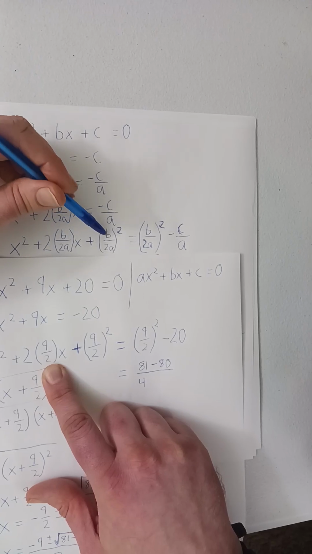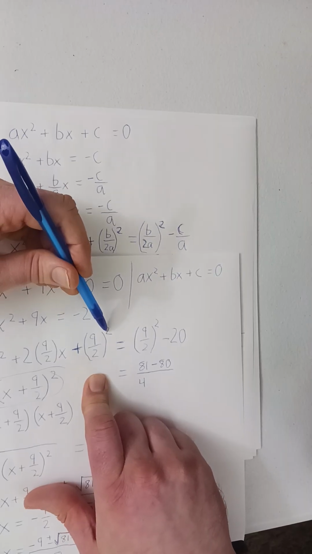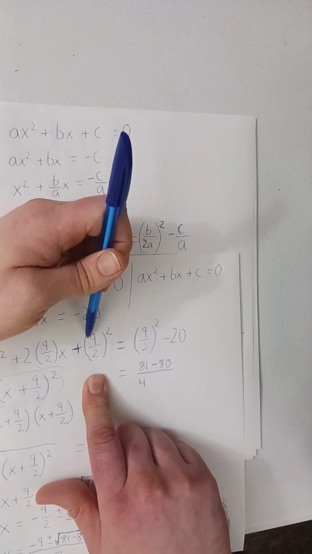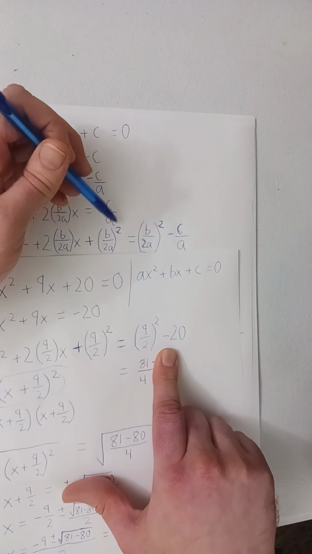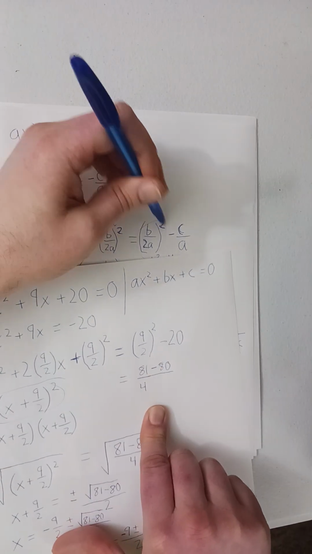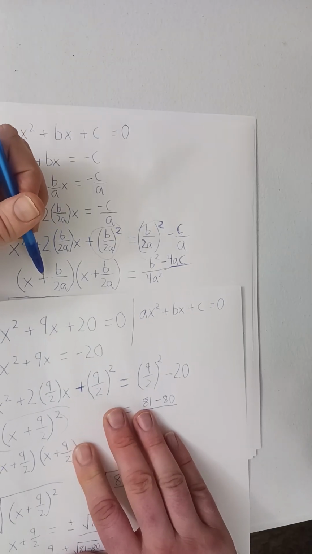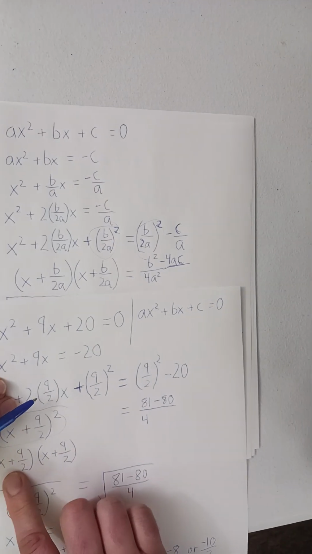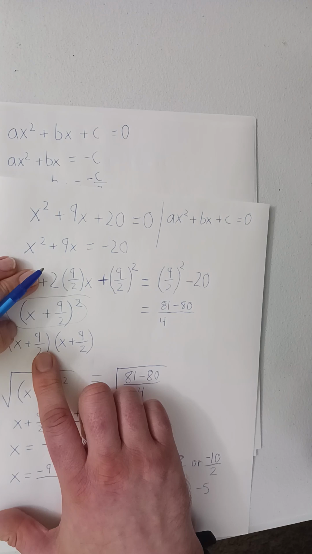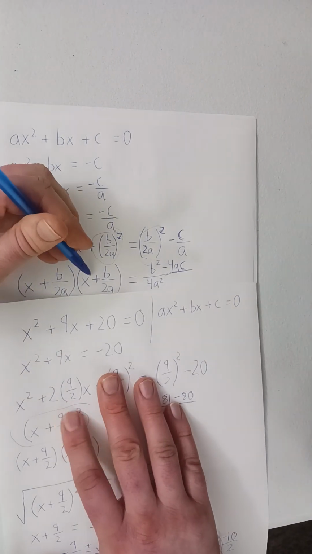We had to add this to both sides. So just like we took 9 over 2 squared and we added to this side and added to this side, we did that here with this and this. Then moving to the next line, we express this as x plus 9 over 2 times x plus 9 over 2. That's this right here.